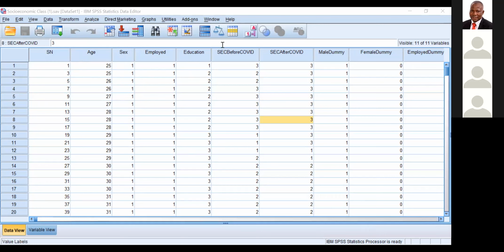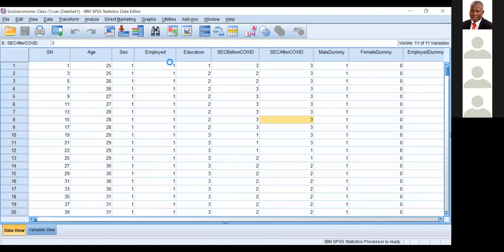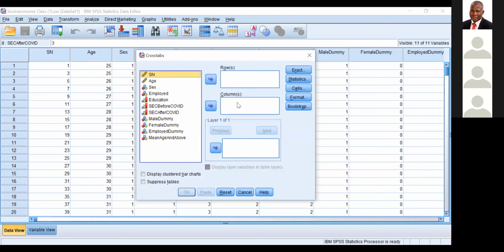Okay, you show now. Go to analyze. Cross tab. Nothing about chi-square except one we are going to do later. You see that? Cross tab. Yes, so your exposure is level of education.